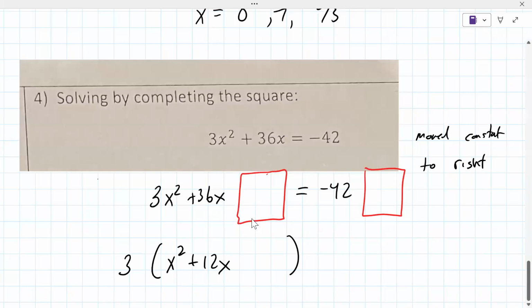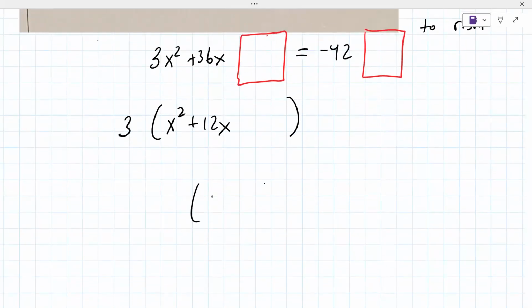So do you remember what to do next from here? What goes down in this next compressed space? No, it's half of the middle number. You cut that in half.